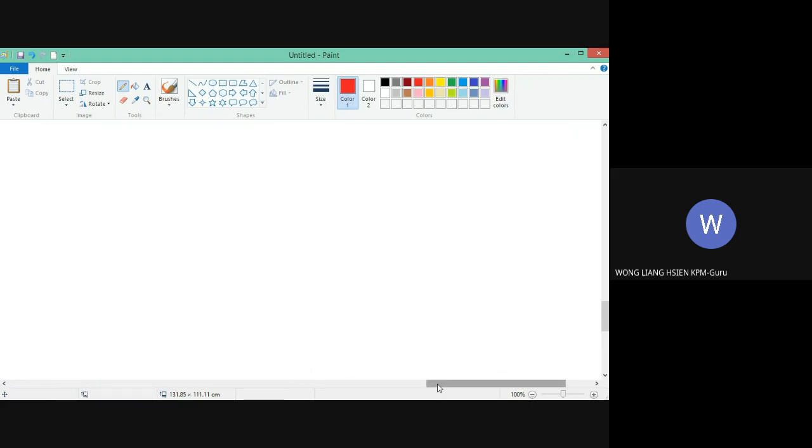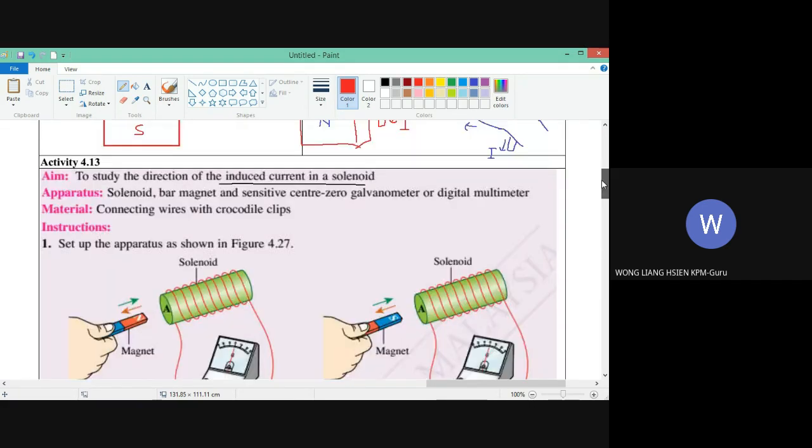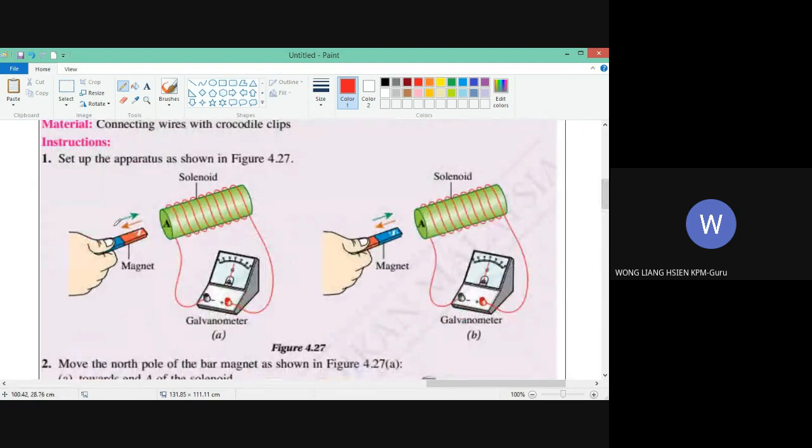So same thing with the solenoid also. When you want to push the solenoid in, the magnetic field that is produced will go against the motion. When you want to pull out, the magnetic field will go against the motion. Okay?